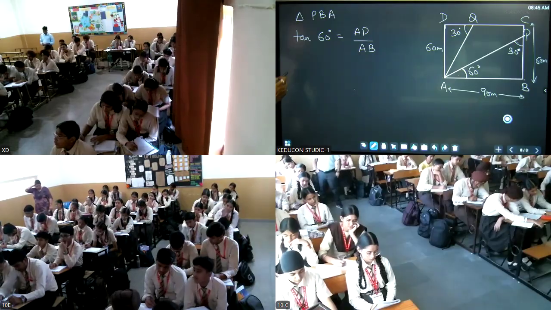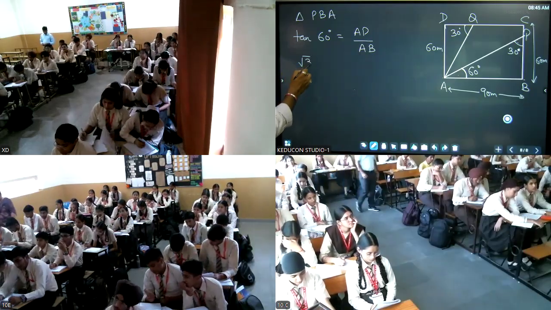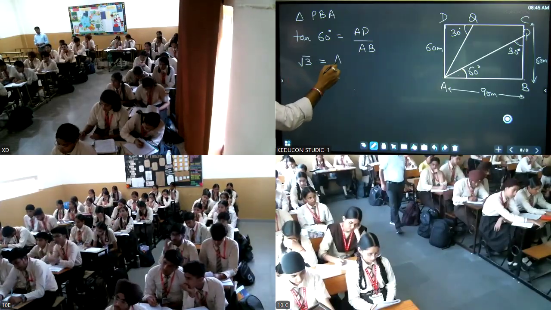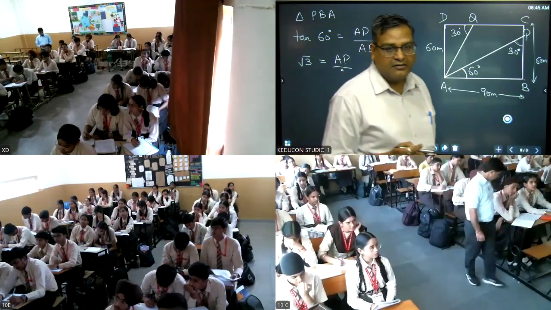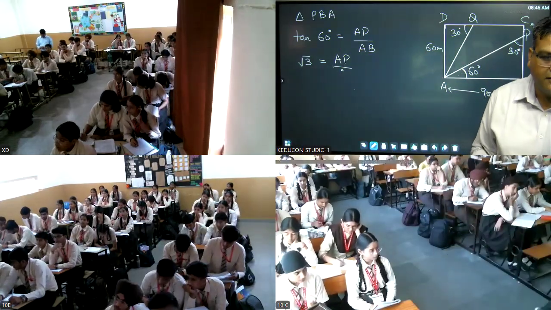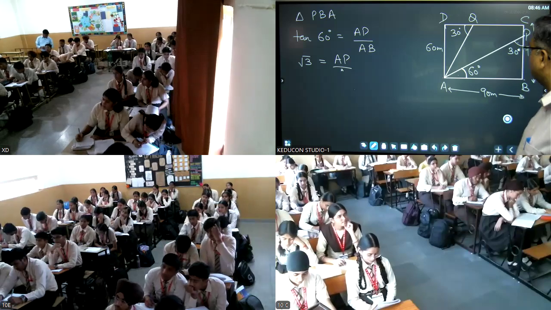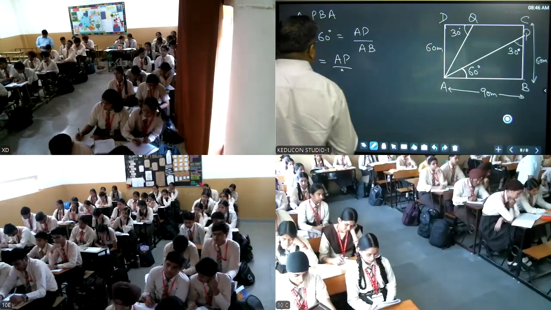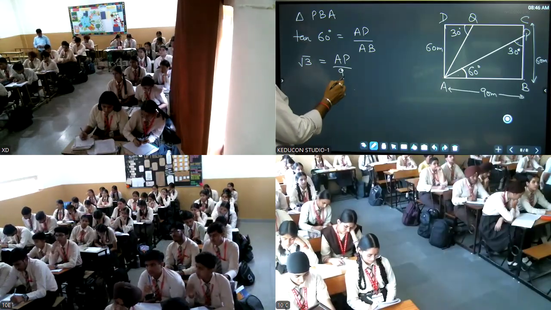What is the value of tan 60 degree? Yes, tell me, beta. AP we have to find out. The value of tan 60 is root 3 and AB is given 90 meter.